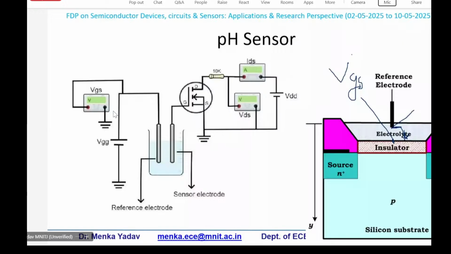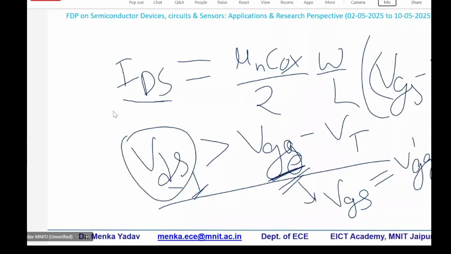So whatever change you see over here at the surface, that VGS is actually controlling the current in the device. The current is being controlled through this VGG dash, which is nothing but VGS, right? Now if VGS is changing, your current is changing.